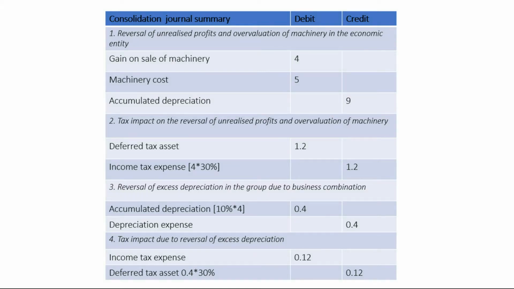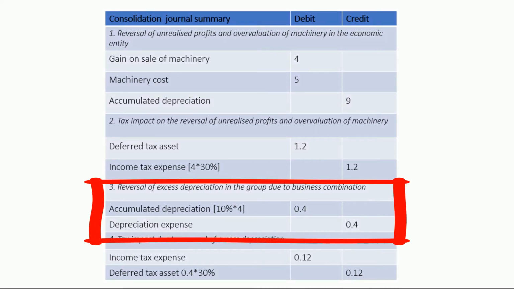Because the asset transaction took place at the beginning of the current year, the asset that was received by the parent, which is recorded at an overvaluation because the carrying value was 16 million and was bought for 20 million.